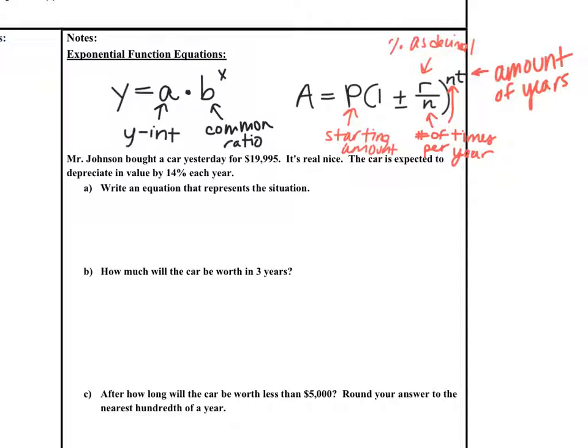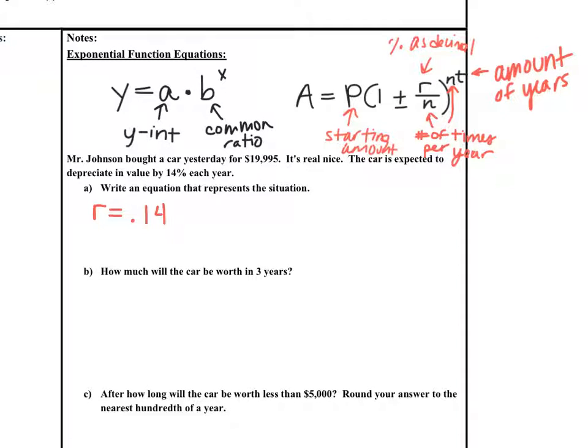Looking at this problem, tell the person closest to you, what's the rate? What's the percentage as a decimal? Finn, enlighten me. What is it? As a decimal, that would be 0.86. What are you on? Okay, so r is 0.14.